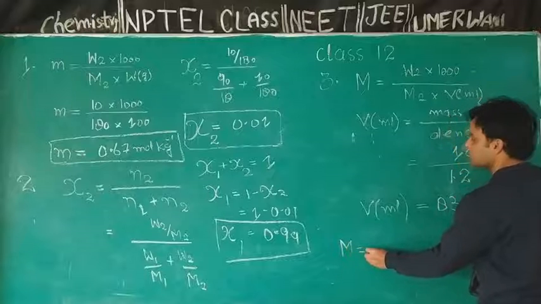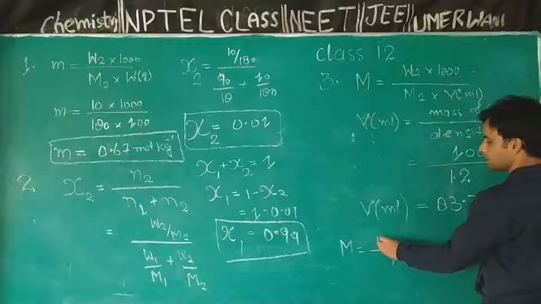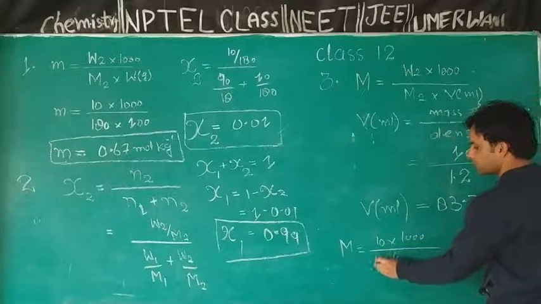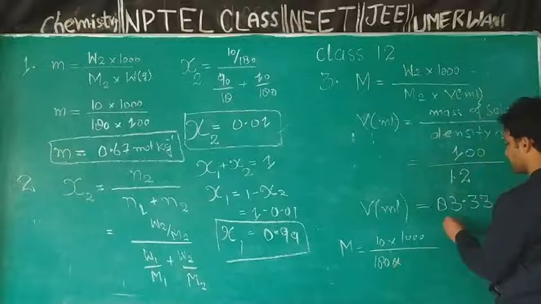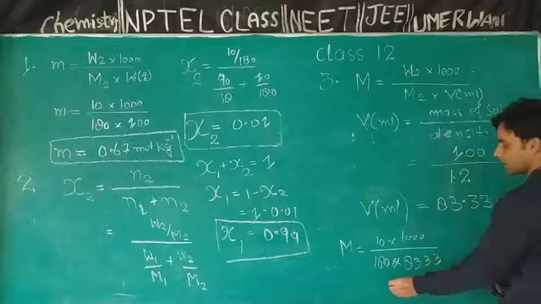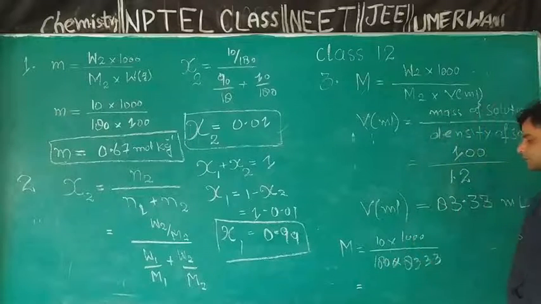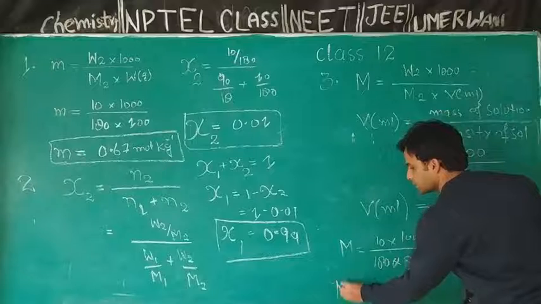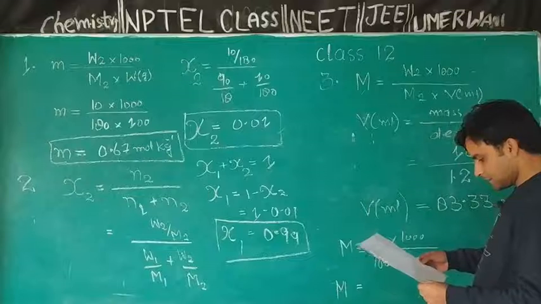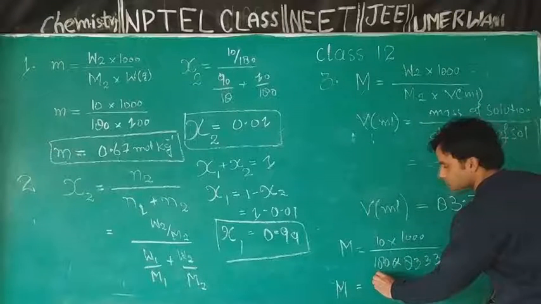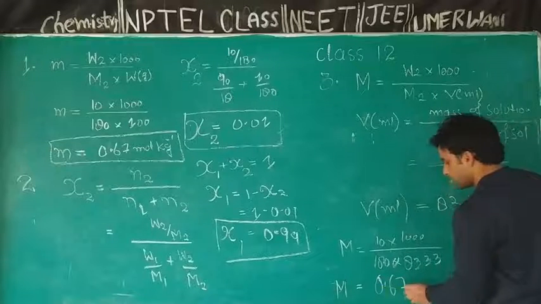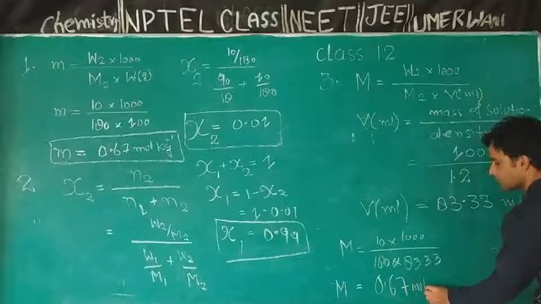Molarity will be equal to W2, which is 10, multiplied by 1000, molar mass of solute glucose is 180 again, multiplied by volume of solution, which is 83.33, and after evaluating the RHS of this equation, molarity of solution comes equal to 0.67 moles per liter.